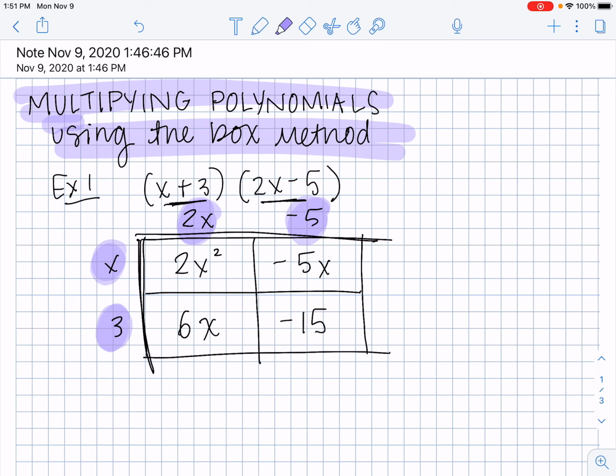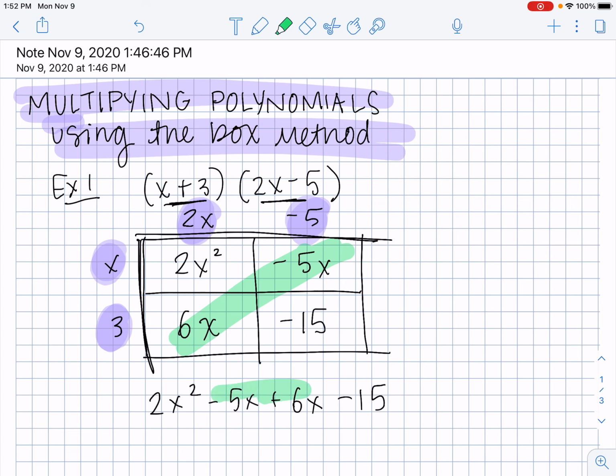Now, you'll notice that there's this sort of diagonal here where these are like terms, so we will combine those. First, we'll rewrite this: 2x squared minus 5x plus 6x minus 15.